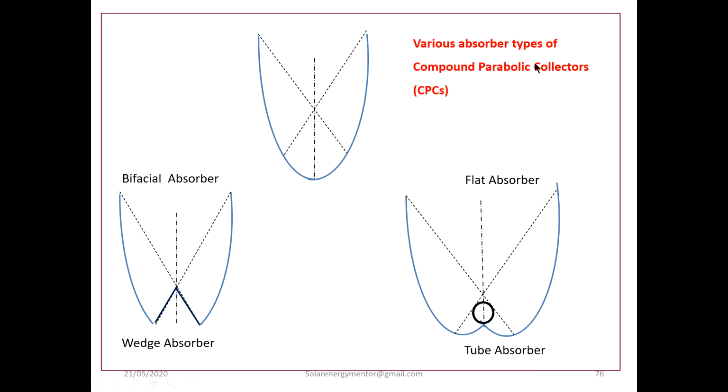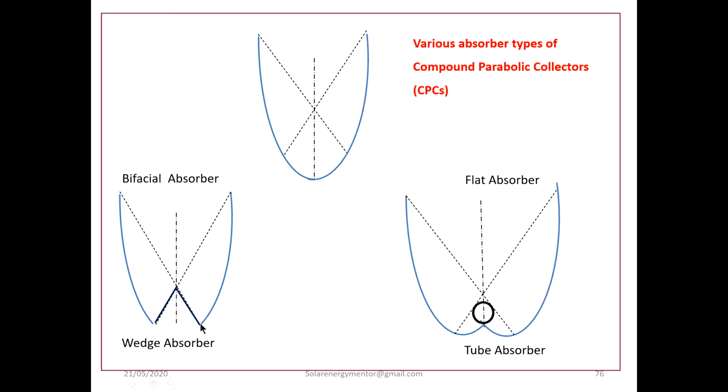Now various absorber types of compound parabolic collectors are like this. This is a bifacial collector, where the absorber is bifacial, on this face and on this face, merged into the reflector. Here this is a wedge type of absorber, provided in a triangular fashion.